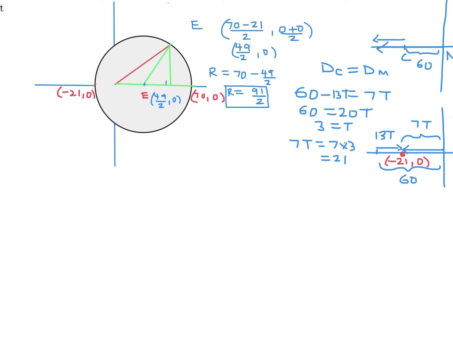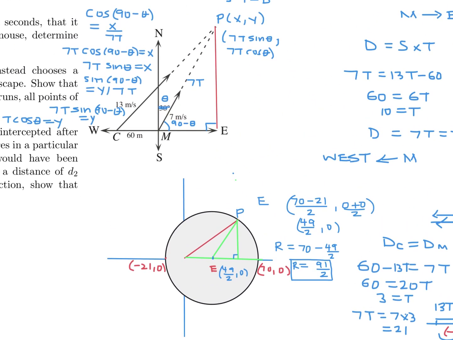So here's my Pythagorean relationship. That's a right angle. This point right here is P. And I had previously, if you remember, pointed out that the coordinates of P are 7t sine theta and 7t cos theta.